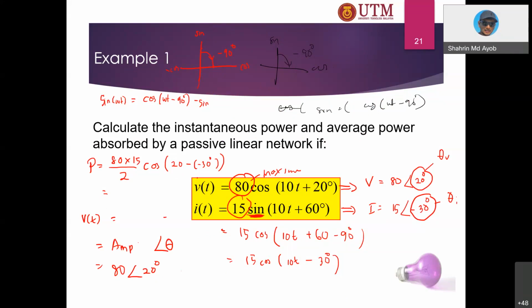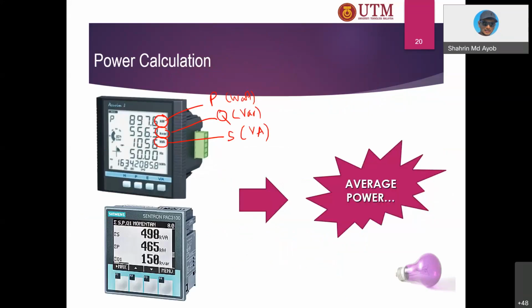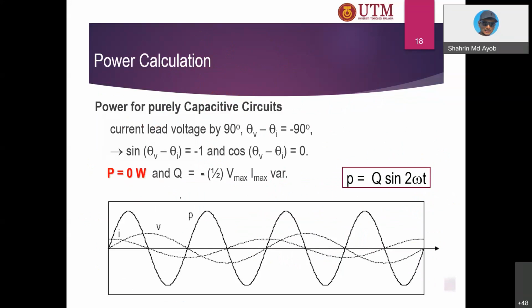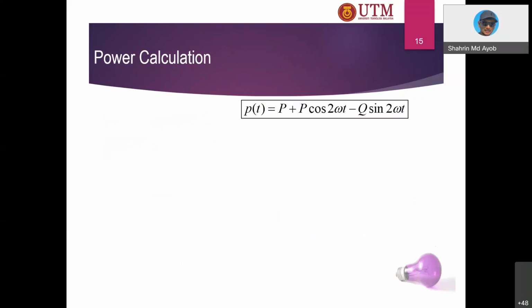Sorry, for the instantaneous power I need to refer back. So the instantaneous power, what is the unit? Because this Q is actually just a constant, there are no units.